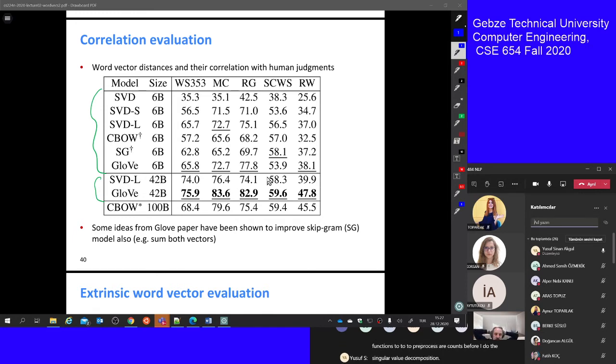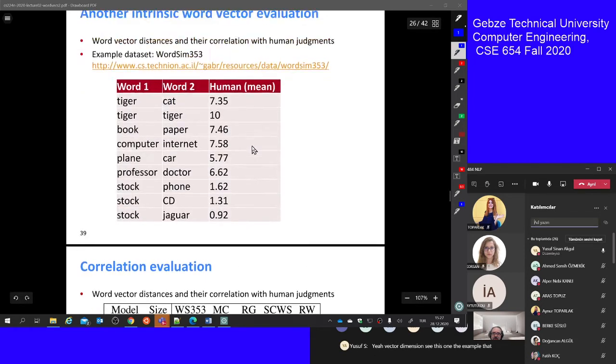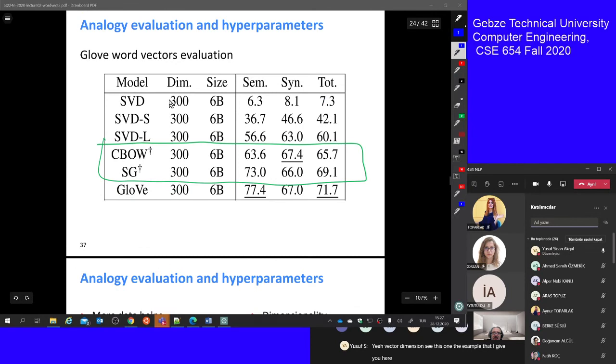So the vector dimensions are the same, but the features in the vectors are different, right? Yeah. For all the comparisons here, GloVe or skipgram or continuous bag of words or singular value decomposition, small or large, doesn't matter. Their dimensions are all the same. They're all 300 dimensional vectors. And you don't expect them to be the same.